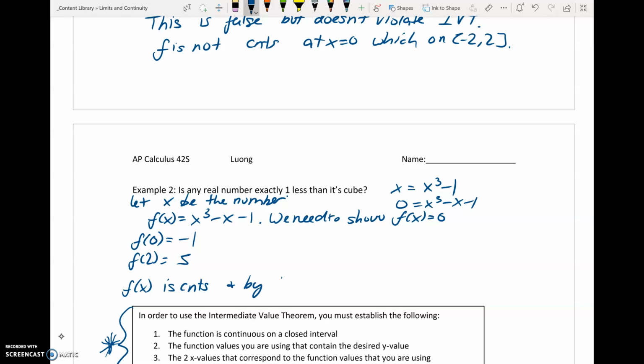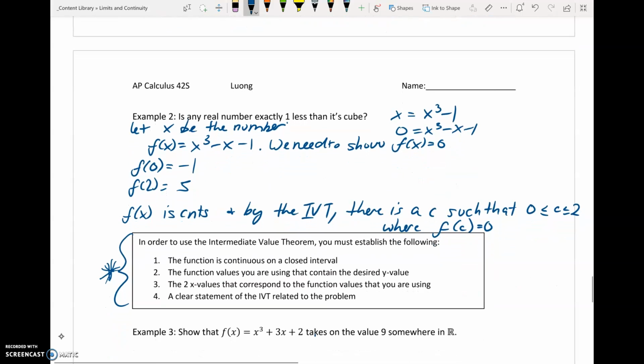So then by the IVT, there is a c such that this c sits in between our 0 and 2, where f of c is 0. And then we're done.